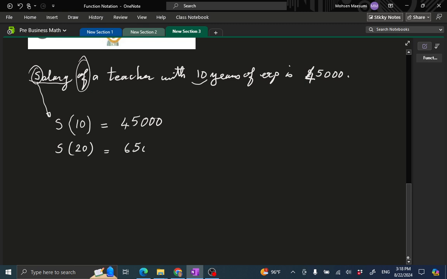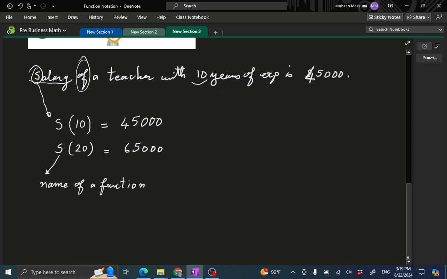Let's say $65,000 and so on. So in this context, what are these things? So S is the name of our function. We typically try to use a name so that it makes some sense to us. So S for salary makes sense.